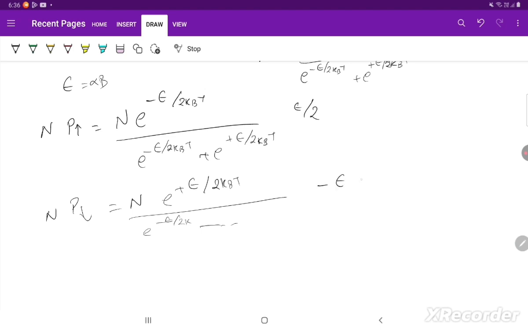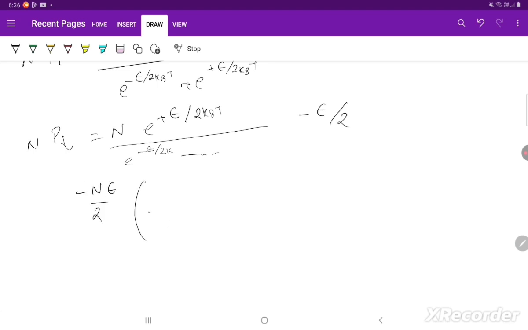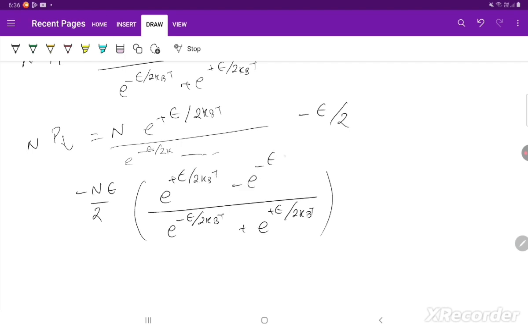It is just multiplied with minus epsilon by 2, and we finally end up with something like minus N epsilon by 2 times e to the minus epsilon by 2 kBT plus e to the plus epsilon by 2 kBT in the denominator, and the numerator will be e to the plus epsilon by 2 kBT minus e to the minus epsilon by 2 kBT.